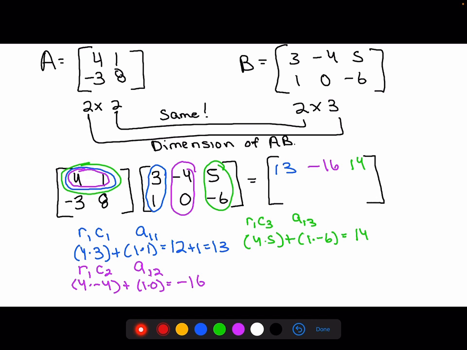Then we're going to hop down to row 2. We're going to do row 2, column 1. So that's going to go in position (2,1). We're going to have -3 times 3 plus 8 times 1. So -9 plus 8, which is -1.